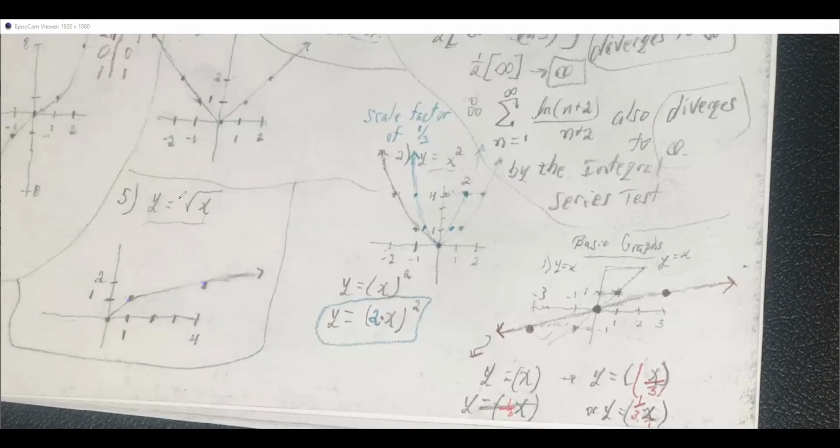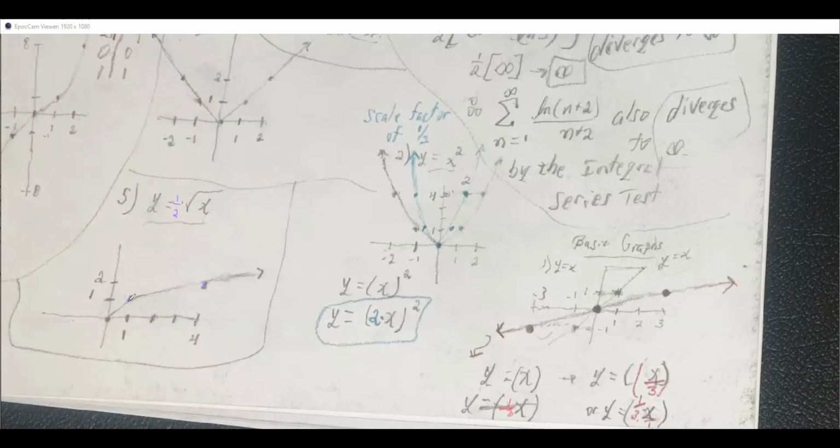Inside or outside? Outside. Times what number? 1/2. 1/2. And when it's outside, it's vertical. And when it's vertical, do we do the mathematical inverse of what it's telling us, or not? You do what it says. We do what it says, which means what then, Megan?